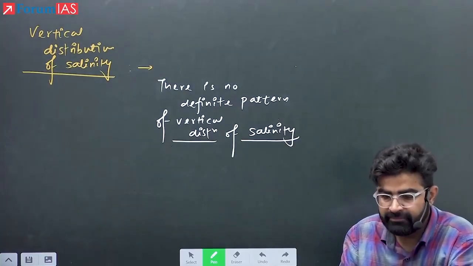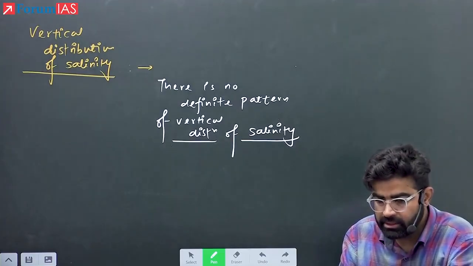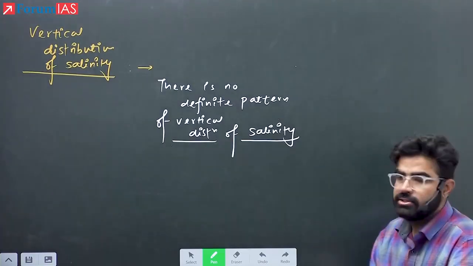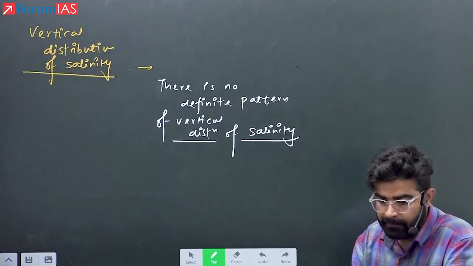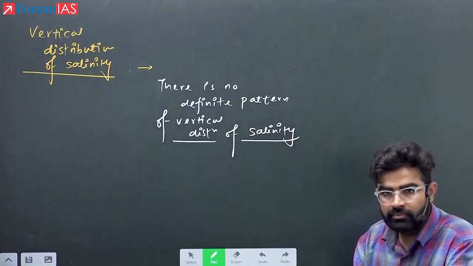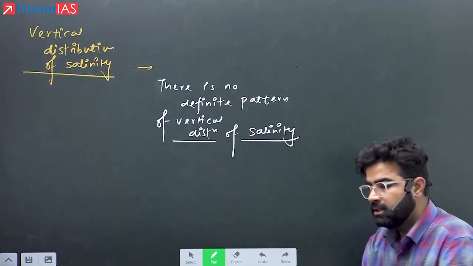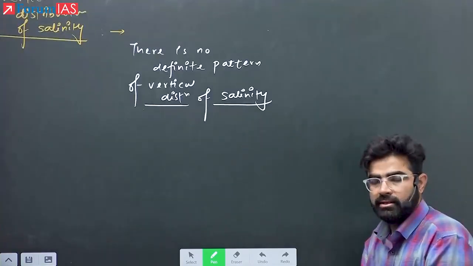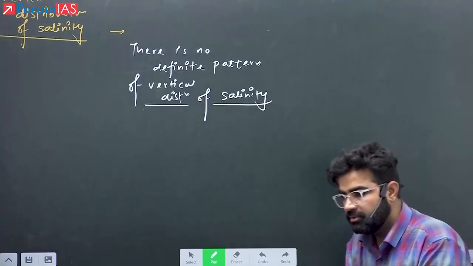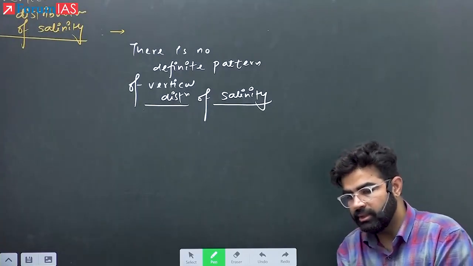There is no definite pattern in case of salinity distribution vertically up to down. There is no fixed pattern, right? But some points you can write here. Some points I'm just giving you. Write down point number one.